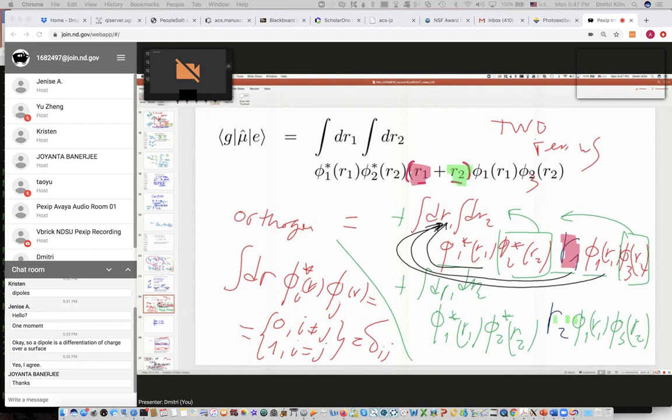And the bra and ket are the same in both terms. I am going to utilize the orthogonality property, which means the product of wave functions with two indices i and j will give 0 if the indices do not coincide, and will give 1 if the indices coincide. Now, let's look at what we have in the first term.